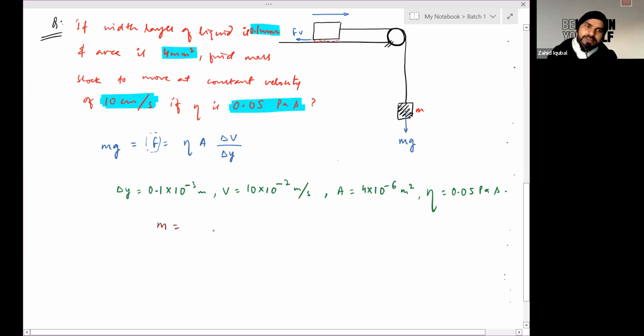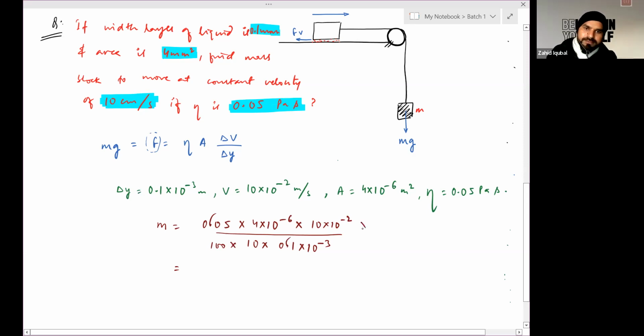Mass equals eta, which is 0.05, times area of cross section, which is 4 into 10 to the power minus 6, times velocity, which is 10 to the power minus 2, divided by gravity 10 and width, which is 0.1 into 10 to the power minus 3. Replace this decimal, 100.